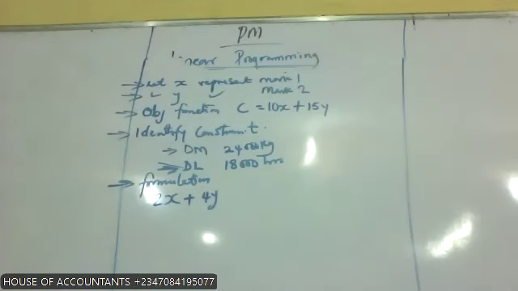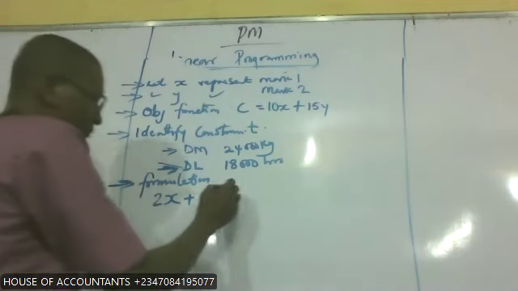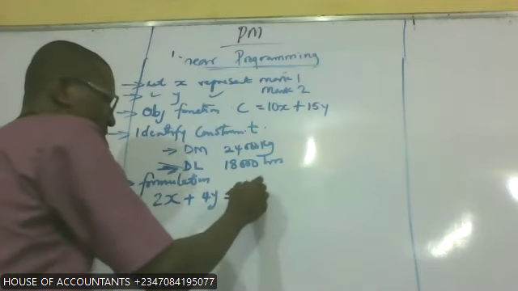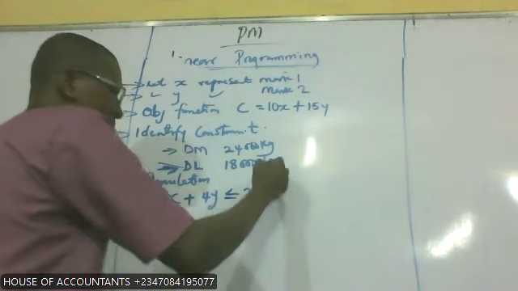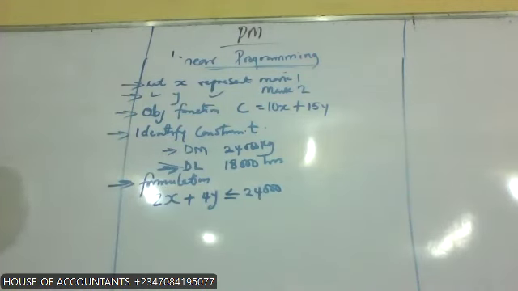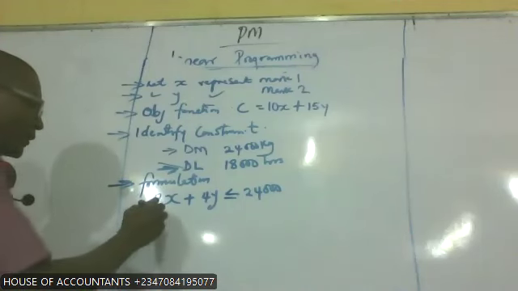Are we sure? Why? Available, they cannot go beyond it. That's for material. For labor, what do we have? 3X plus 2Y is less than 18,000 hours.